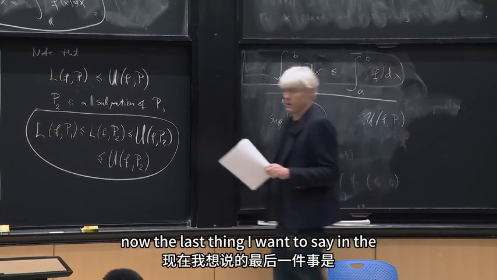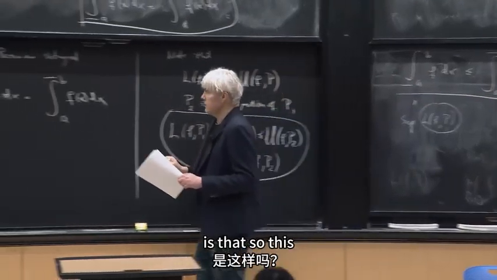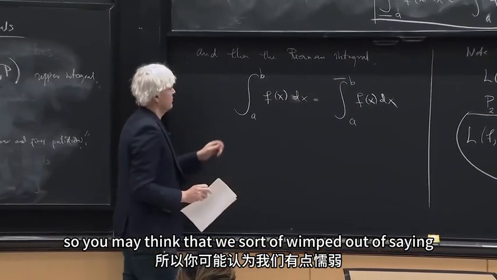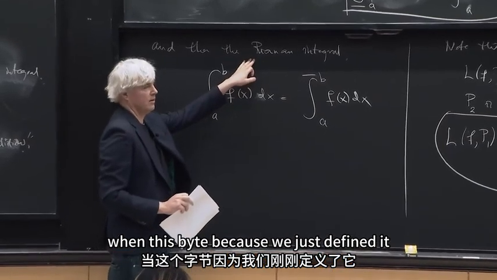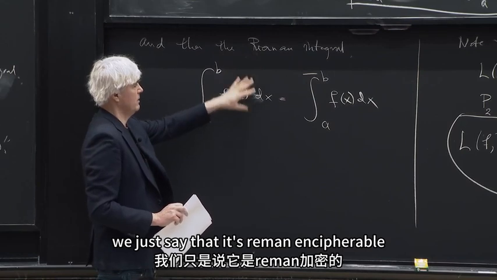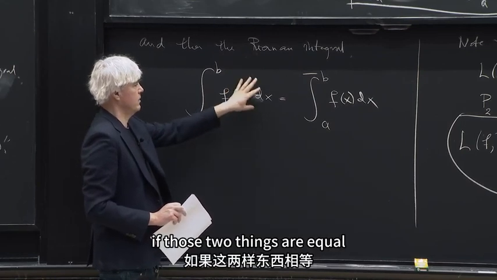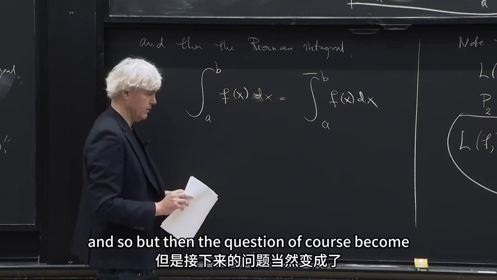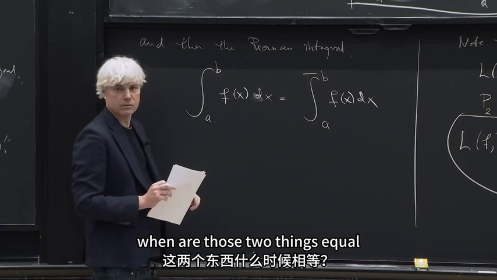Now, the last thing I want to say is that you may think that we sort of wimped out of saying when this holds, because we just say that it's Riemann integrable if those two things are equal. But then the question, of course, becomes: when are those two things equal?